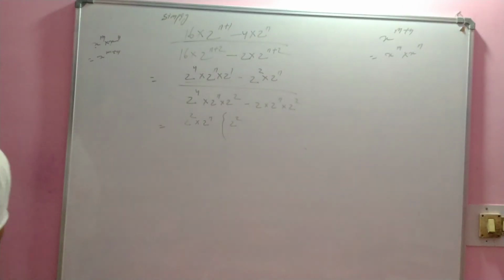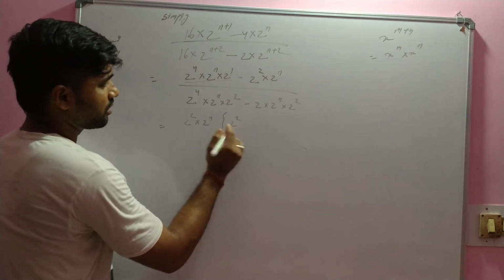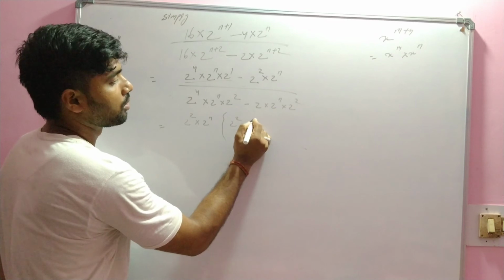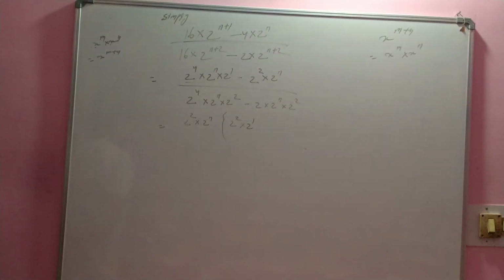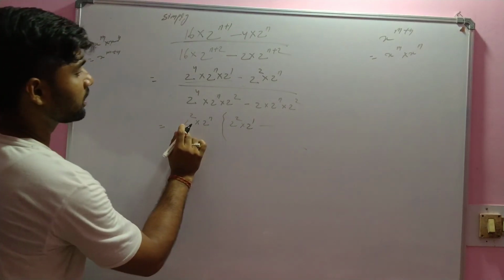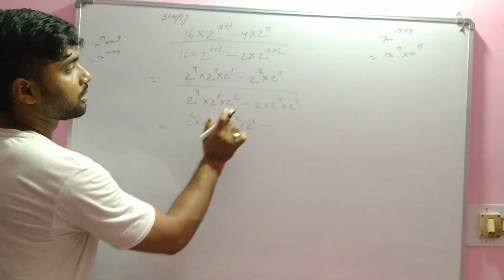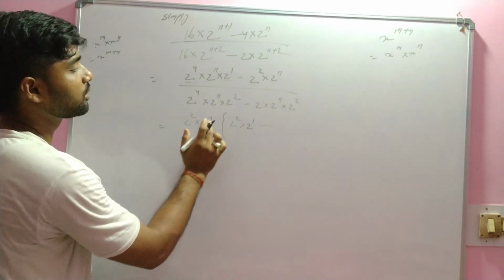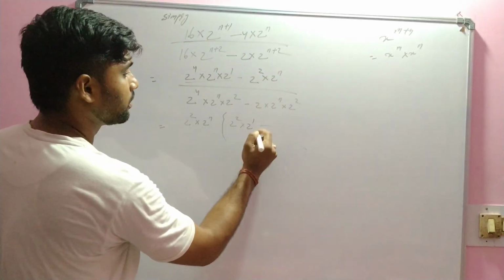Do you understand? Then already we have taken 2 to the power n. Minus 2 to the power 2 into 2 to the power 2n. What you multiplied with 2 to the power 2 into 2 to the power 2n, you will get the same, minus 1.